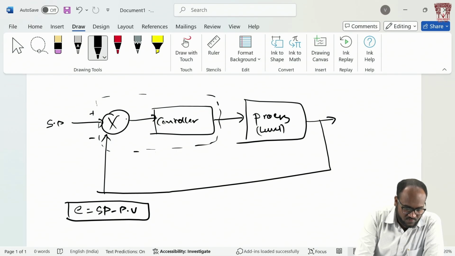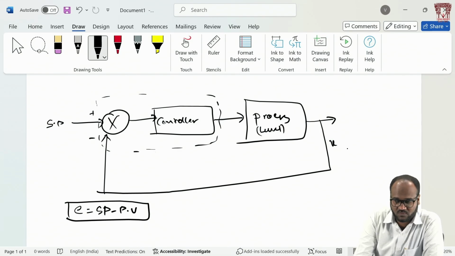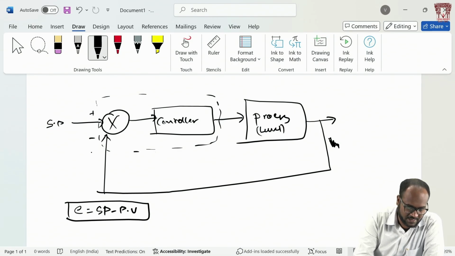For example, we are considering h as the level of the liquid in the tank, and it is compared with the set point, which could be y. So E is equal to y minus h in this case.